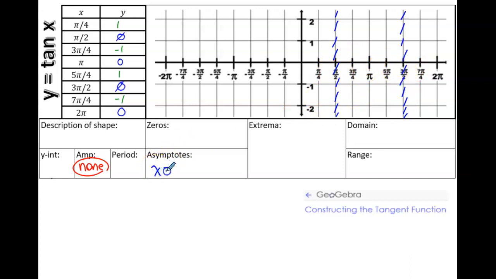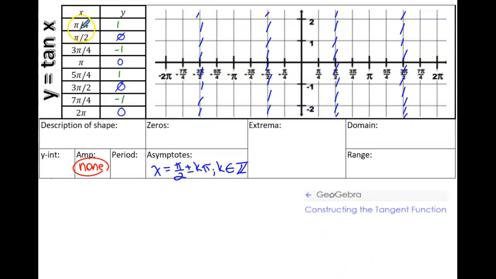That makes them located at x equals pi over 2 plus or minus k times pi, where k is an element of the integers. And so we can sketch those asymptotes, counting back 4 check marks for pi units. 1, 2, 3, 4. So negative pi over 2 has a vertical asymptote. Then 1, 2, 3, 4. Negative 3 pi over 2 has a vertical asymptote.